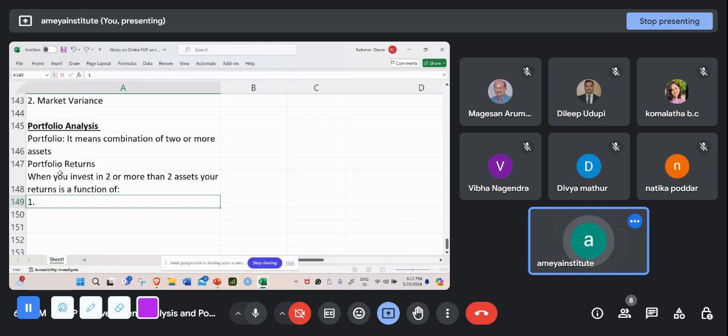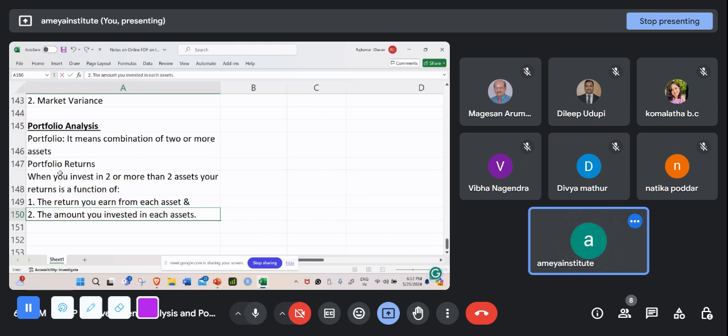The first parameter is the return you earn from each asset. The second is the amount you invested in each asset. That is your portfolio return.